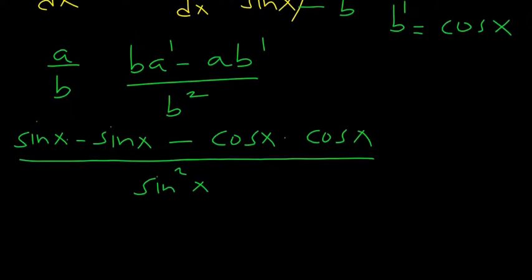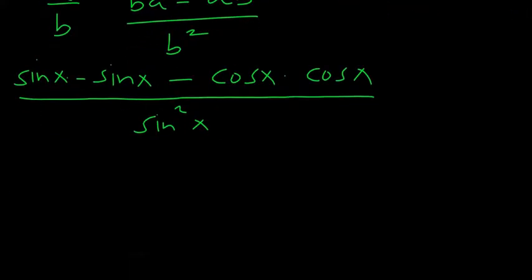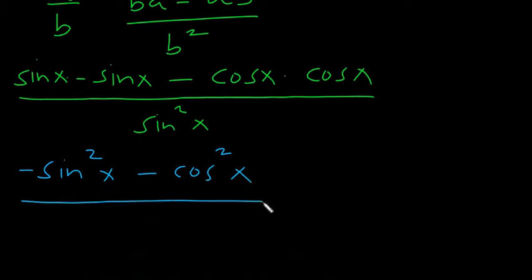So let's work this out. Sine x times negative sine x is going to be negative sine squared x, and then minus cos x times cos x is going to be cos squared x, all divided by sine squared x.